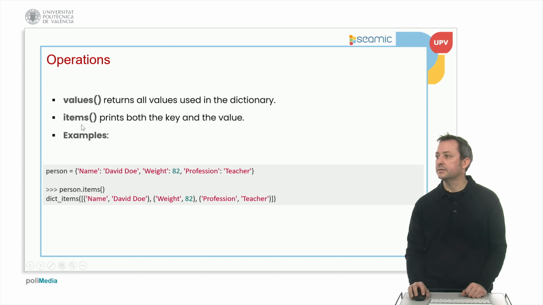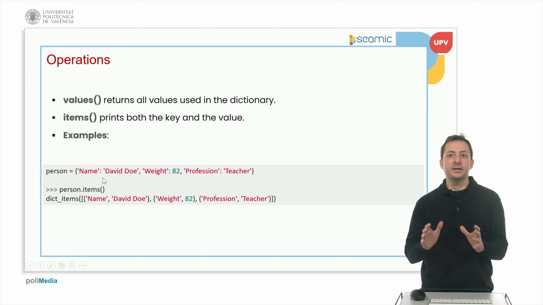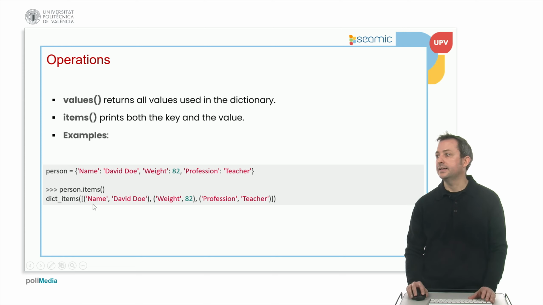In this last case, this operation items, as you can see here, returns a list of tuples in which each tuple has the key and the value of each element. For example, this element has this key and this value. This element has this key and this value, and this element has this key and this value. And as you can observe, these are represented as a list of tuples.